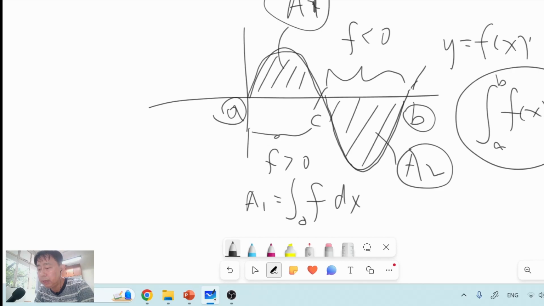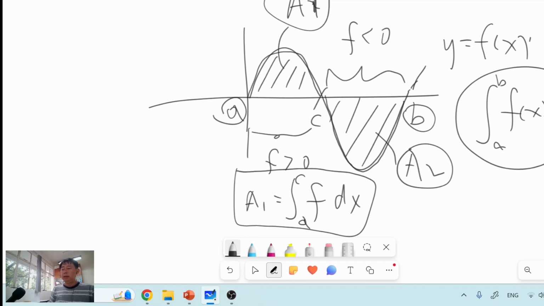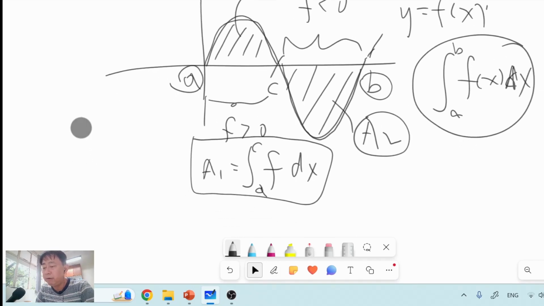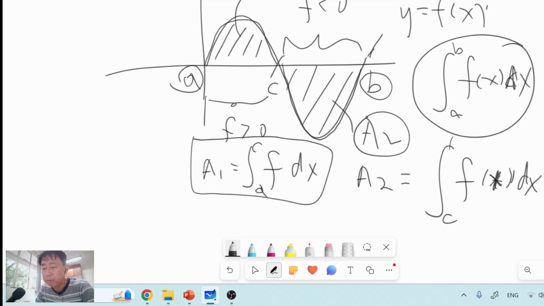So between A and C, the definite integration of the function is just equal to the area. However, for A2, it is to be calculated as the integration of the function f of x between C and B, and it is understood that the function f of x between C and B is negative.